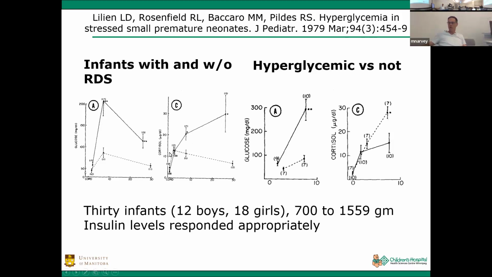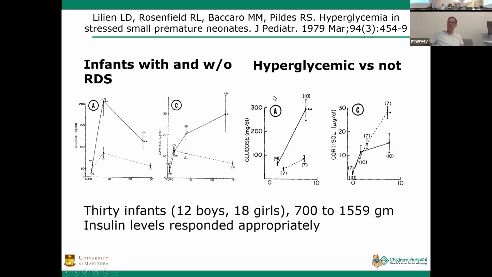And when you looked at cortisol levels in the dark line, that's panel C, you can see that the kids that are not stressed, who don't have respiratory distress, have low cortisol levels. The kids with stress, cortisol levels are high. Now, is this a chicken or the egg? Well, I don't know. But high cortisol levels go with high glucose levels. So if you have a 25-weeker with a bad chest, who has a lot of inflammation going around, their cortisol levels are high, and they're going to tend to have more hyperglycemia.